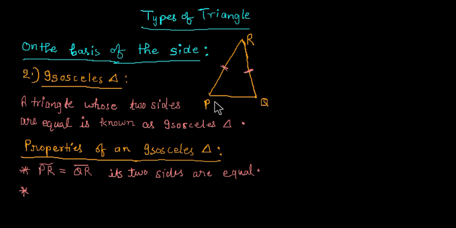But if we draw a perpendicular from its other two vertices, it will not divide the opposite side into equal parts. So only one vertex forms a perpendicular that divides its opposite side in two equal parts.